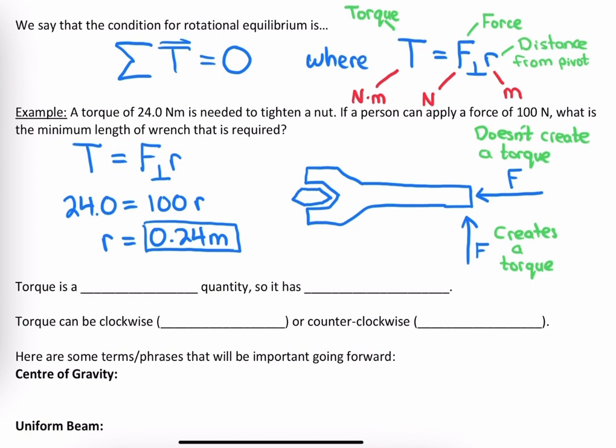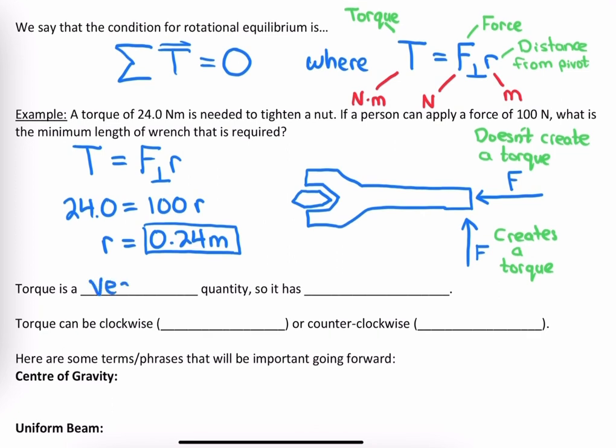Okay, the next thing about torque is that it's a vector quantity, so it has direction. In this example above, I'm trying to tighten a nut, which means not only do I need 24 Newton meters of torque, but it needs to be in the right direction.